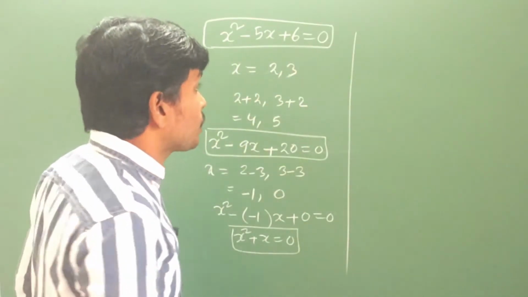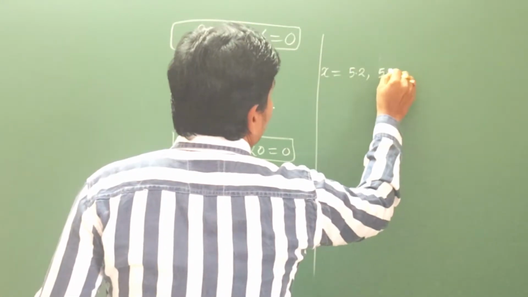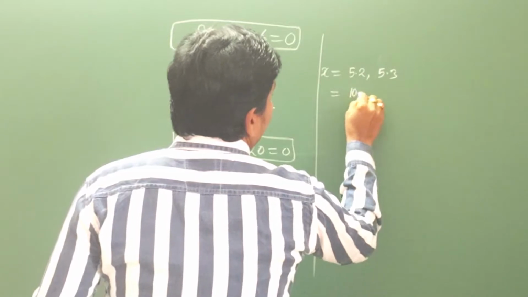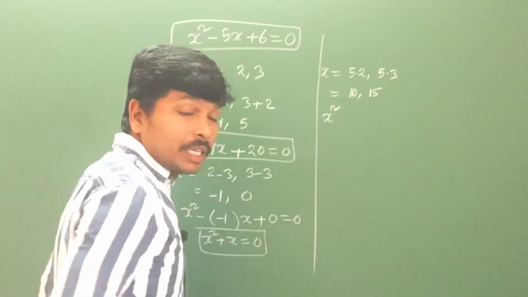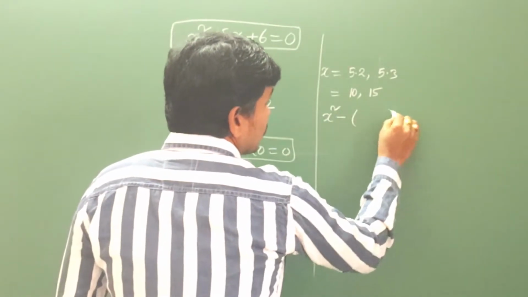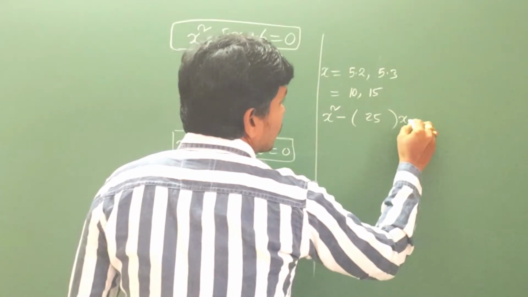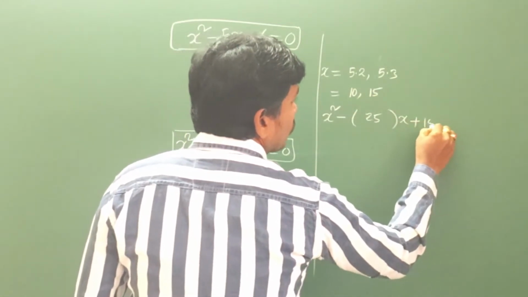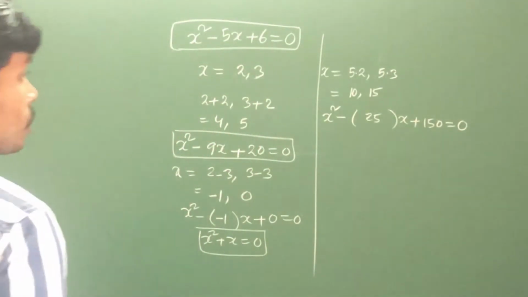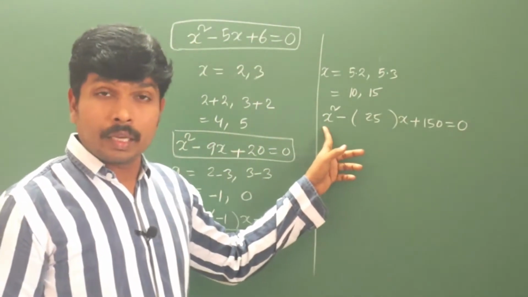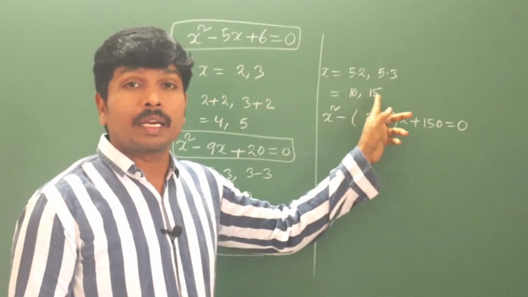That is 5 into 2, 10, and 5 threes are 15. Now your quadratic equation is x square minus sum of the roots, 10 plus 15, 25, into x plus product of the roots, 150, equal to 0. So this is the equation when the given roots transform to 10, 15.